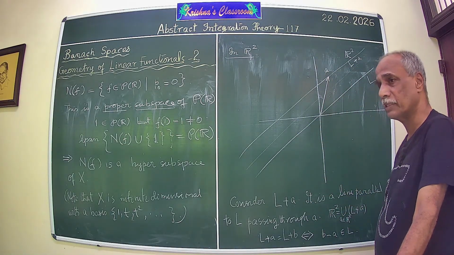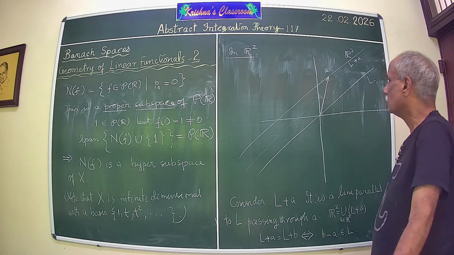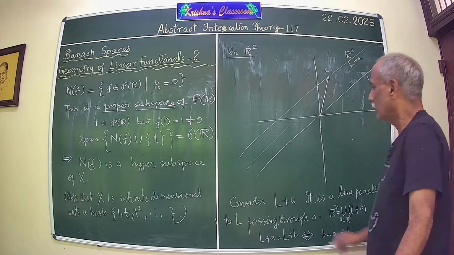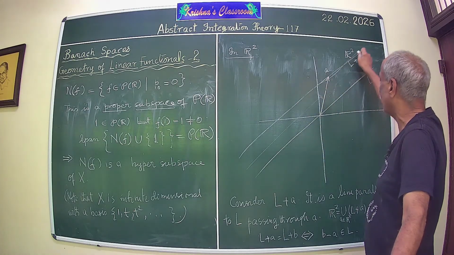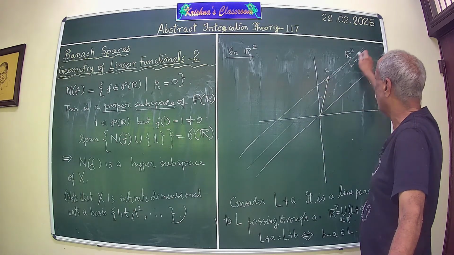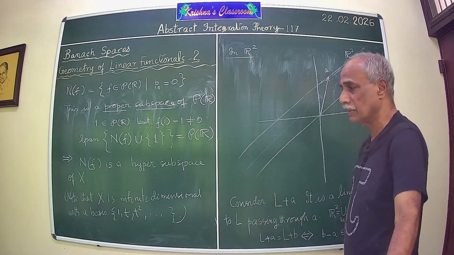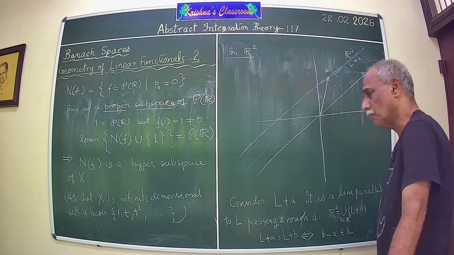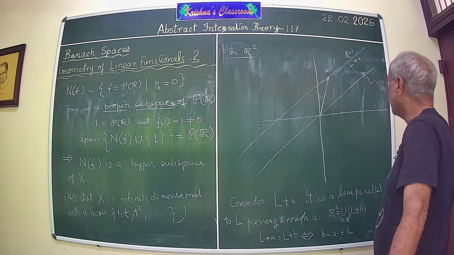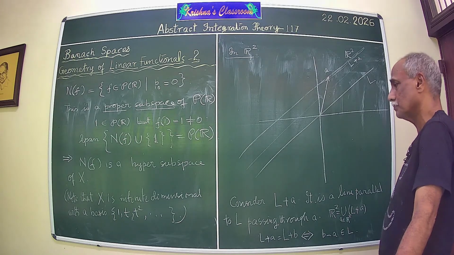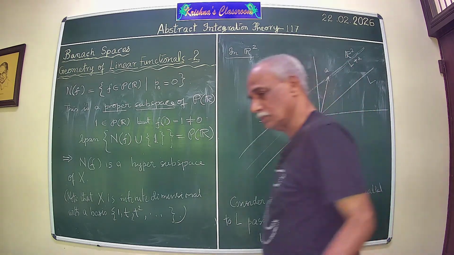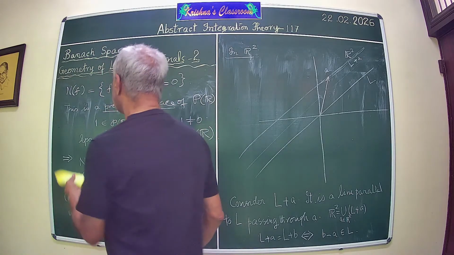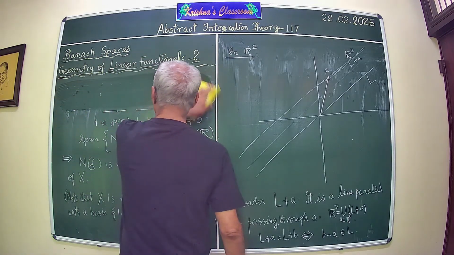Okay, so likewise similar analysis you can do on every one of these. So that is the geometry of the hyperplanes, right? So the important point is that at every point on this line, the value of f is the same. Okay, so f is a constant on this line. So we just write it like that.